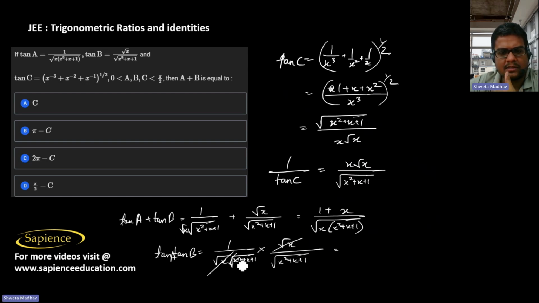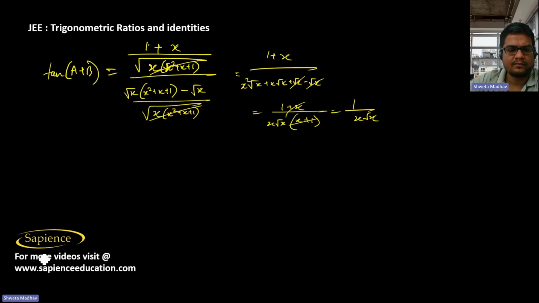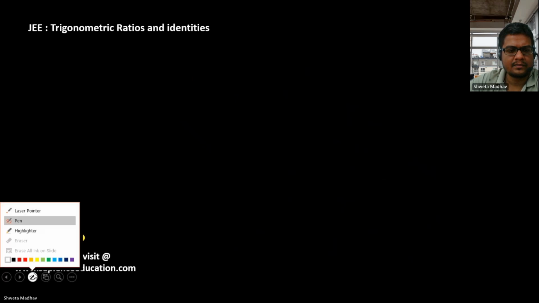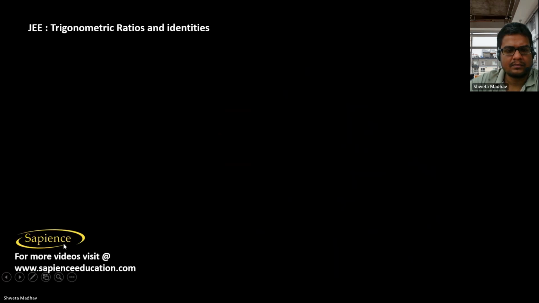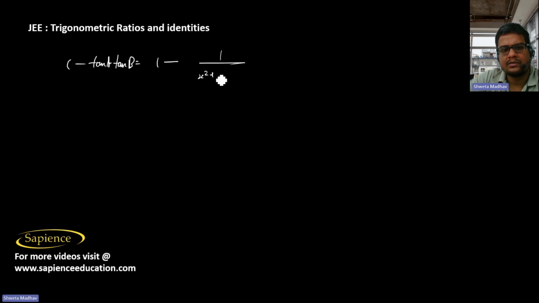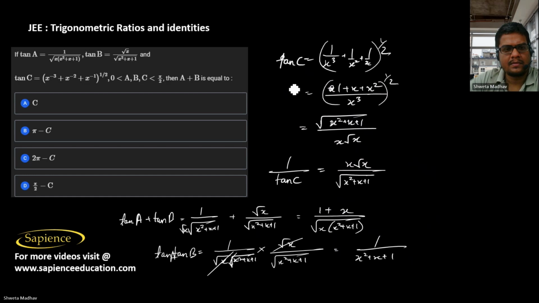These two will get cancelled and then we'll get 1 by (x square plus x plus 1). Therefore if I do 1 minus tan A tan B, then we get 1 minus 1 by (x square plus x plus 1). This will be (x square plus x plus 1 minus 1) by (x square plus x plus 1), so this will be x into (x plus 1) by (x square plus x plus 1).